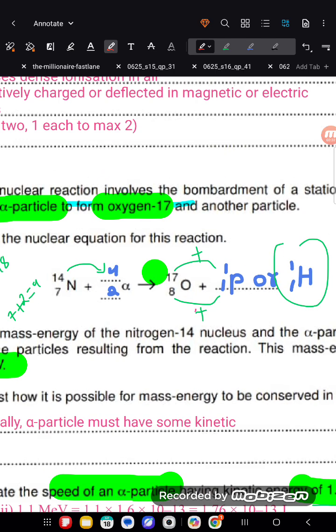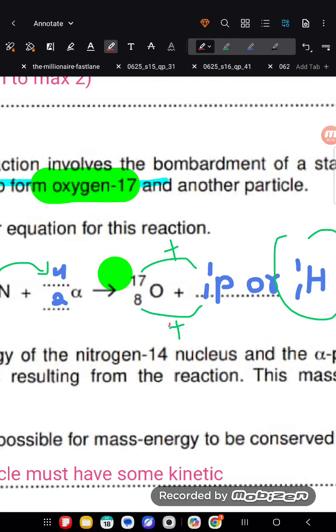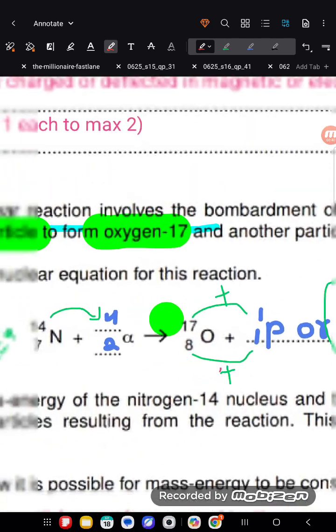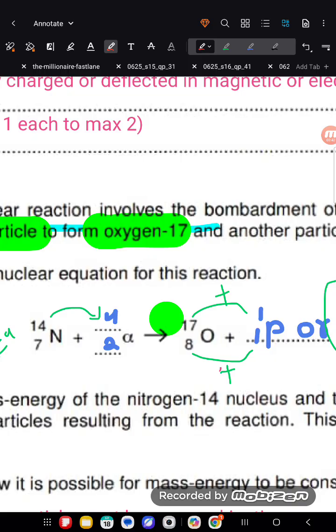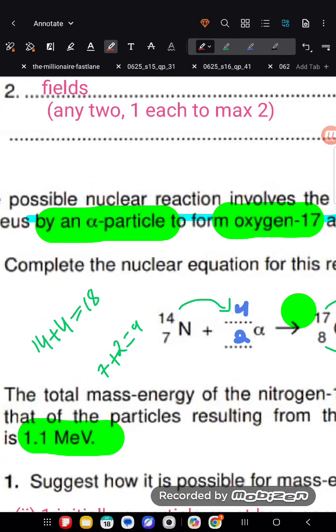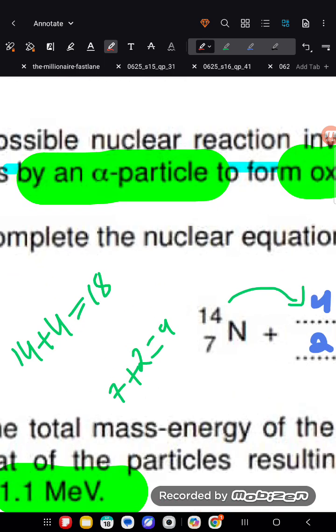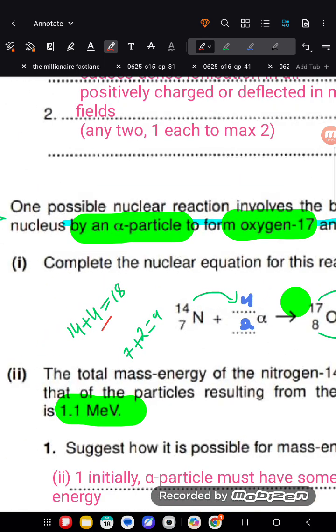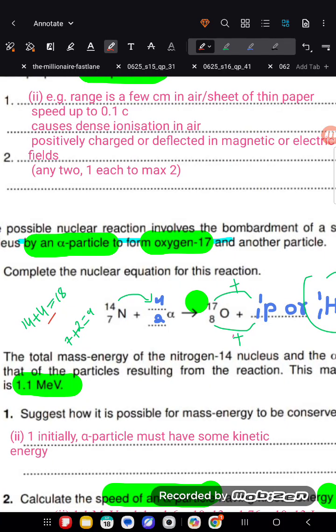If you add 3, I mean 14, 15, 16, 17, it will be 3. So you have to plus 1. If you add 4 to 14, then 14, 15, 16, 17, then you will get 18. Then in 7, if you add 2, you will get 9, right?